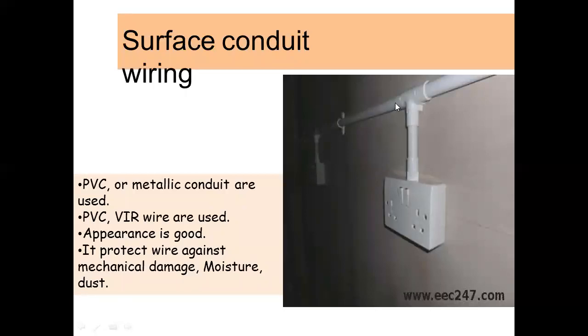The PVC pipe or PVC conduit is used, and the wire also is PVC. Appearance is good, and it protects the wire against mechanical damage, moisture, dust, etc. It's a surface; here you can easily see both the conduit and the wiring method.